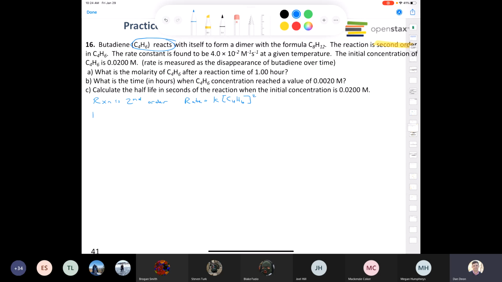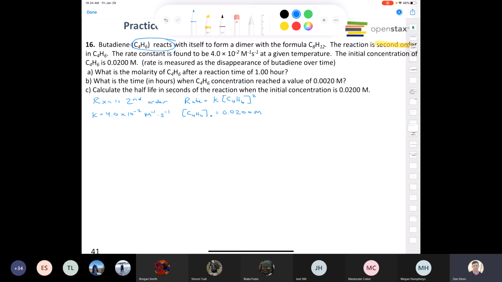We have the rate constant, k, equal to 4.0 times 10 to the negative 2 molar to the minus 1 seconds to the minus 1. The initial concentration of the butadiene, C4H6, is equal to 0.0200 molar.